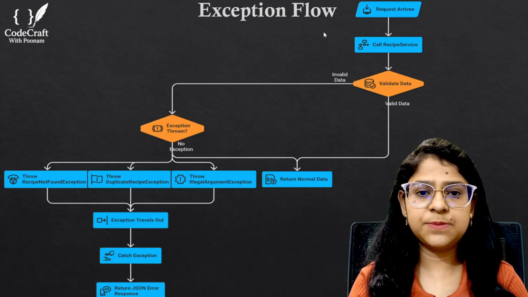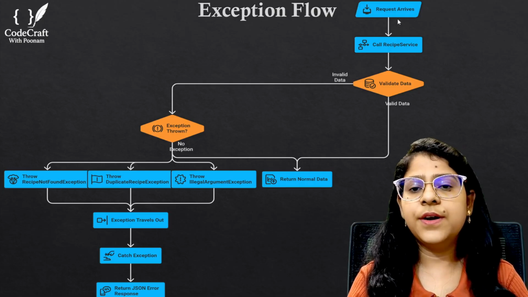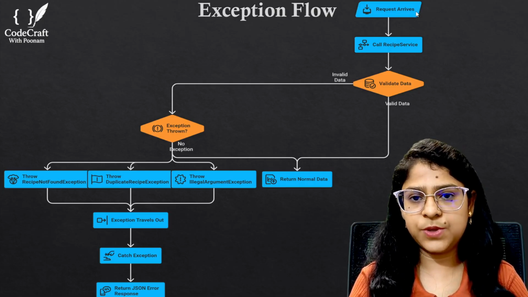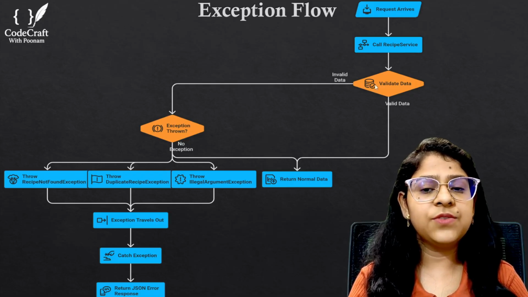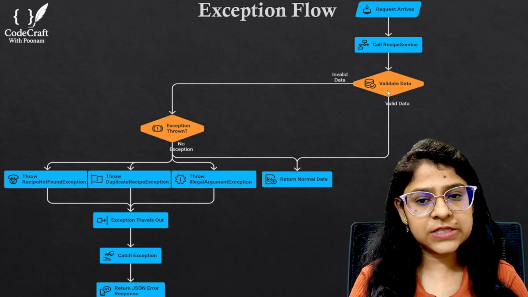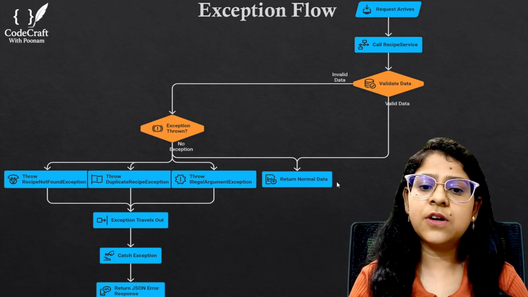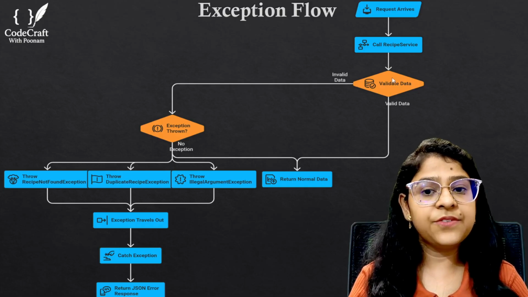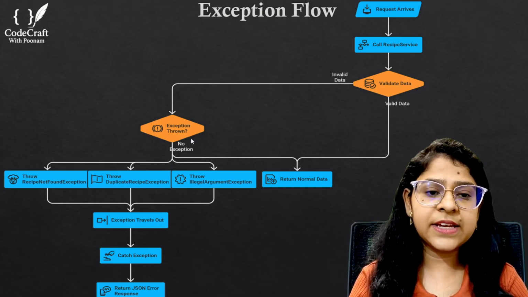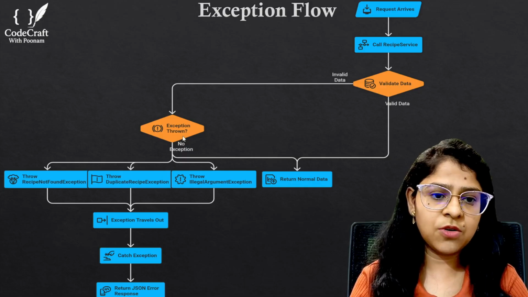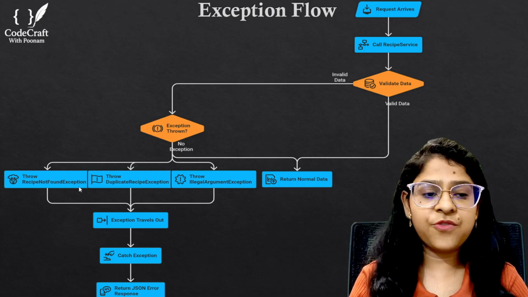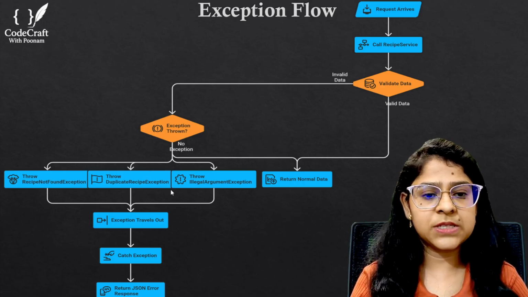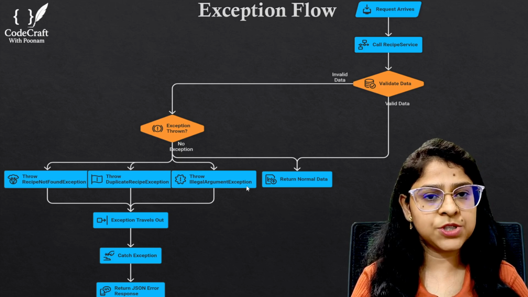Now coming to exception flow. When a request arrives from a user, it will call the recipe service and then it will validate the data. If the data is valid, then it will return normal data. If the data is not valid, then it will throw an exception. That exception may be a RecipeNotFoundException, DuplicateRecipeException, or IllegalArgumentException.